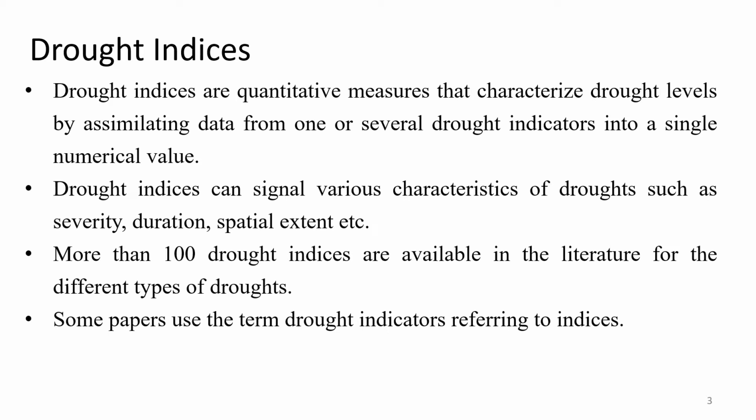Hence, in order to get characteristics of droughts, we normally convert these variables into a number, which is known as a drought index. So a drought index is nothing but a quantitative measure, a number that characterizes drought levels, by getting data from one or more drought indicators. Say I observe precipitation as a variable.